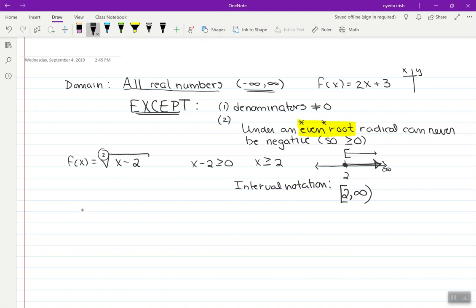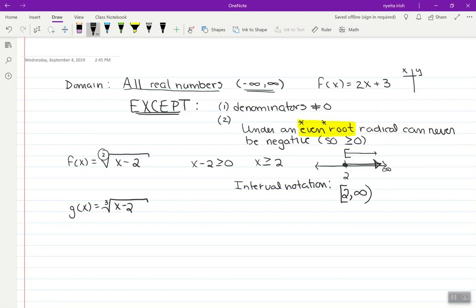All right, so if I have a function like g of x equals the cube root of x minus 2. Normally the answer is all real numbers unless I have one of these two exceptions. One, I don't have a denominator in this problem except for 1, and that's never going to be 0.